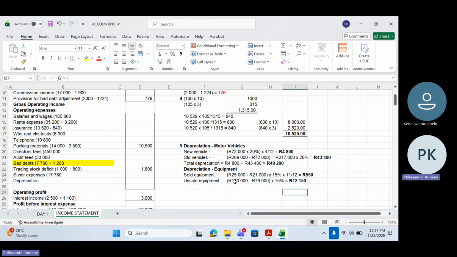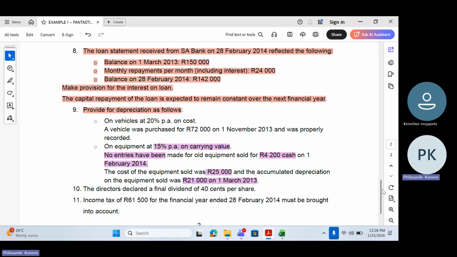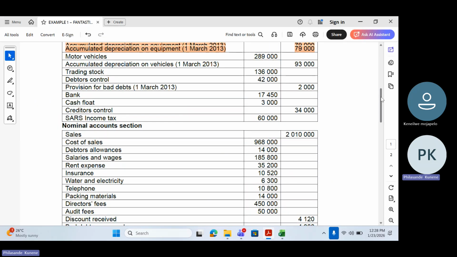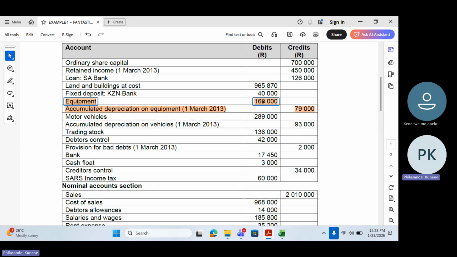We did not deduct it, which means now we're double counting the depreciation because we've already calculated depreciation for the equipment sold. Are we not supposed to remove it? We're supposed to remove it.